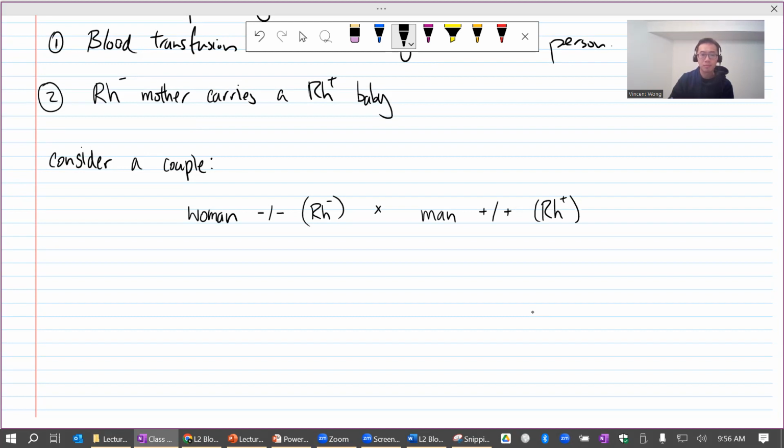We can do it with positive/negative as well, but just to keep it simple, we can do positive, positive. So what kind of baby are they gonna have? What's the blood type for the baby? Just the Rh alone. Positive. Yeah, positive/negative, which is Rh positive, right? 100%.